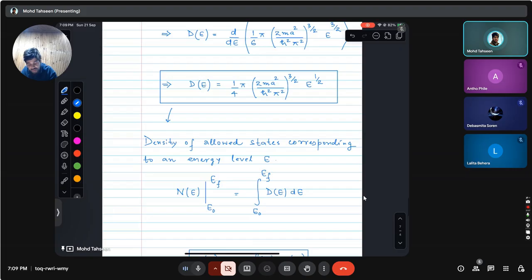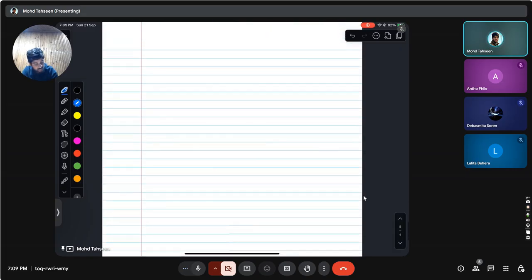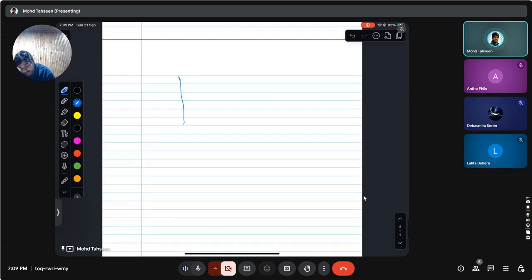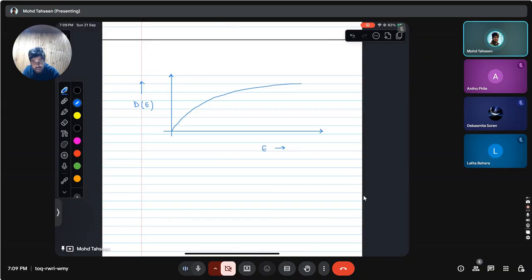Now if we try to plot this d of E, we have said that it's a parabolic distribution, so it would look something like this. Here again, on the x-axis I am plotting energy, on the y-axis I am plotting d of E. It's a parabolic equation, something like what f of x equal to root x would look like.